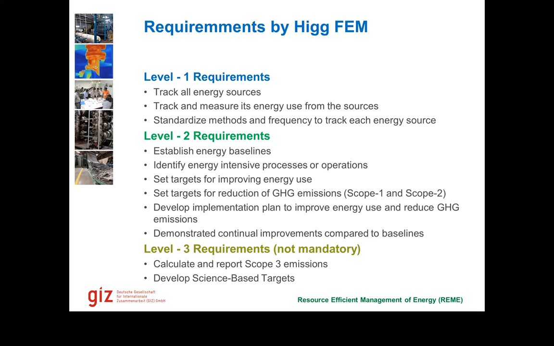And if they are not able to do this, they're also not able to set targets for improvement. And if they don't have targets for improvement, how can they have implementation plans? They might still have some implementation plans, but those plans will not be systematic enough to fulfill the needs of this FEM.